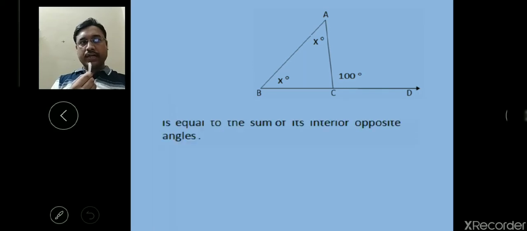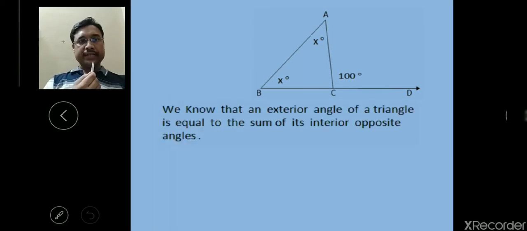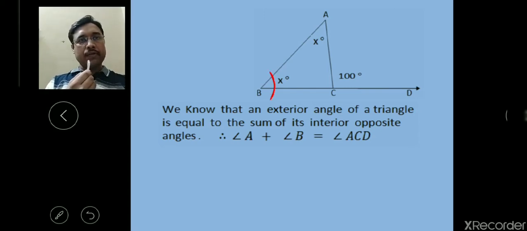In this triangle, an exterior angle of a triangle is equal to the sum of its interior opposite angles. So in this diagram, angle A plus angle B is equal to angle ACD.